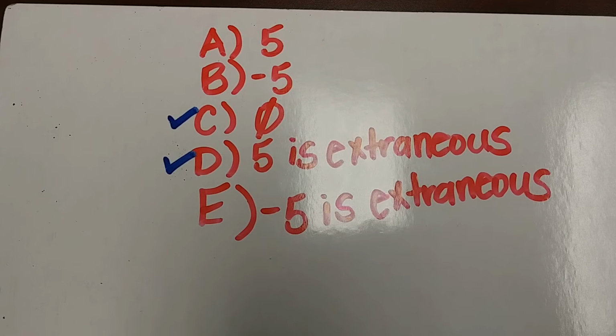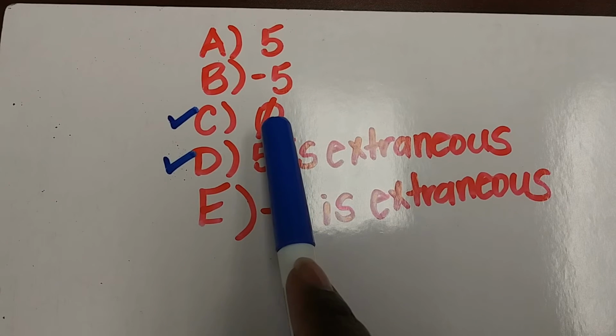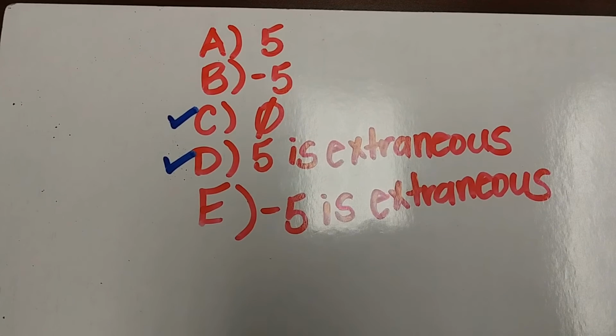So you do have to tell me that none of my answers worked and 5 was a false solution. Let's try another one where we don't have a null set, but we do have an answer that is extraneous. Look at 37.